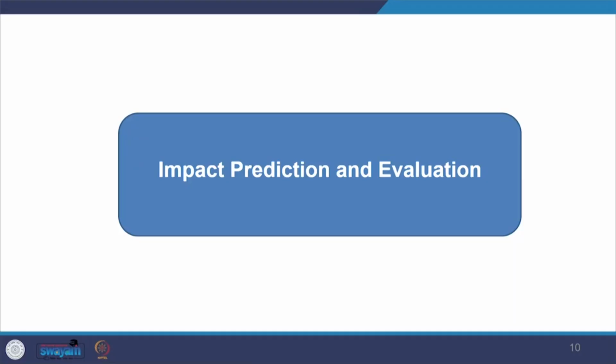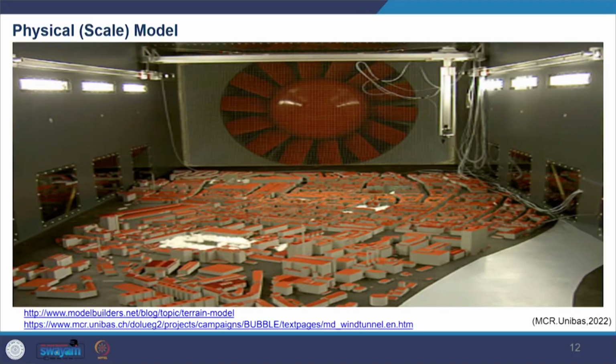So, looking at the methods for impact prediction and evaluation, the first option available to us is the physical models and the expert opinion. We see that occasionally a physical scaled model is used in combination with wind tunnels, and we also see the usage of computer graphics for impact prediction and evaluation.